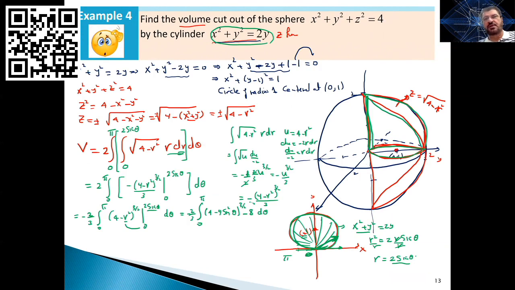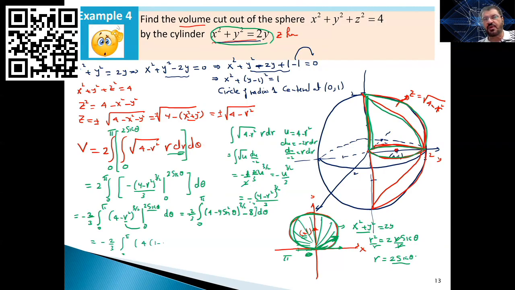Now, this is minus 8 here. Okay. Now this is multiplied by minus 2/3. So this is equal to negative 2/3 integration from 0 to pi. Now, I can take the 4 out, factor it.